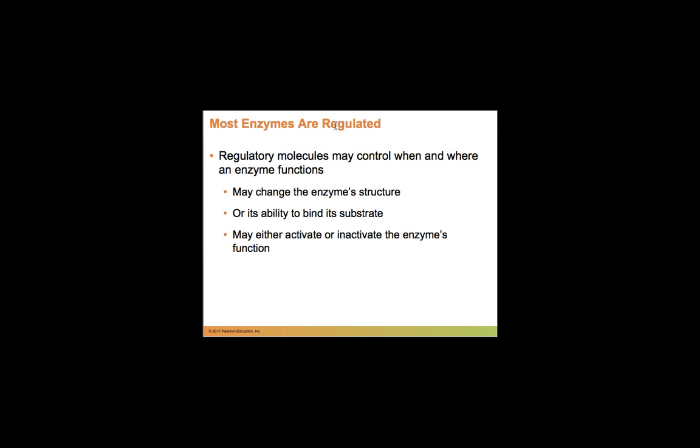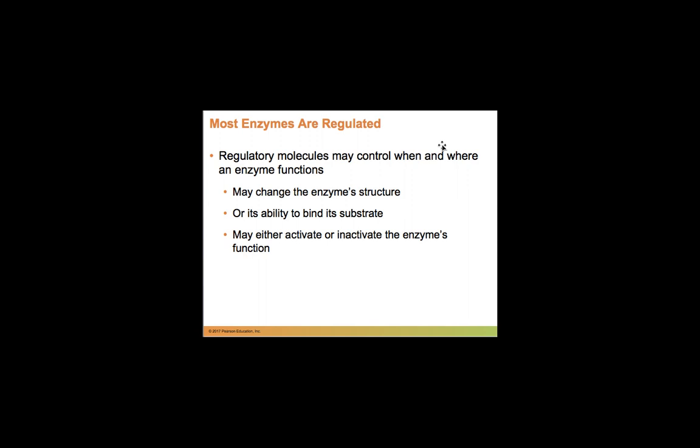The majority of our enzymes are going to be regulated, right? We can't have reactions taking place all the time. We have to make sure that these enzymes are doing their job when they have to do their job and that they're not overstepping boundaries or being lazy. So regulatory molecules are going to control when and where an enzyme functions.